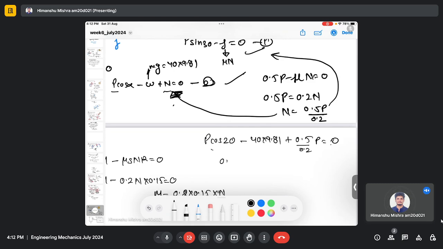So it's 0.866 P minus 392.4 plus 2.5 P equals 0.